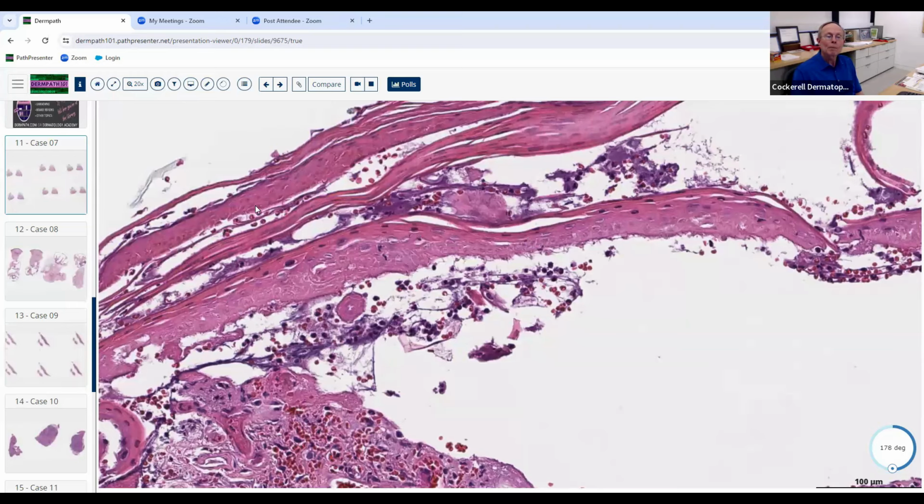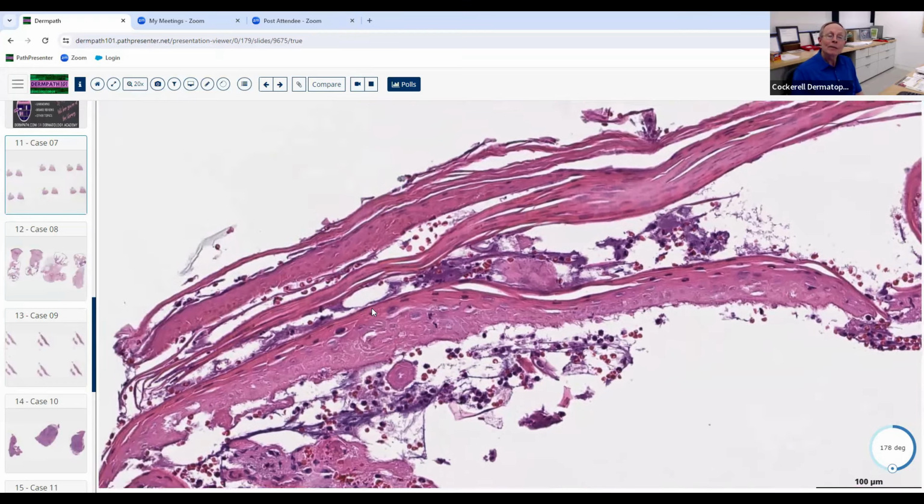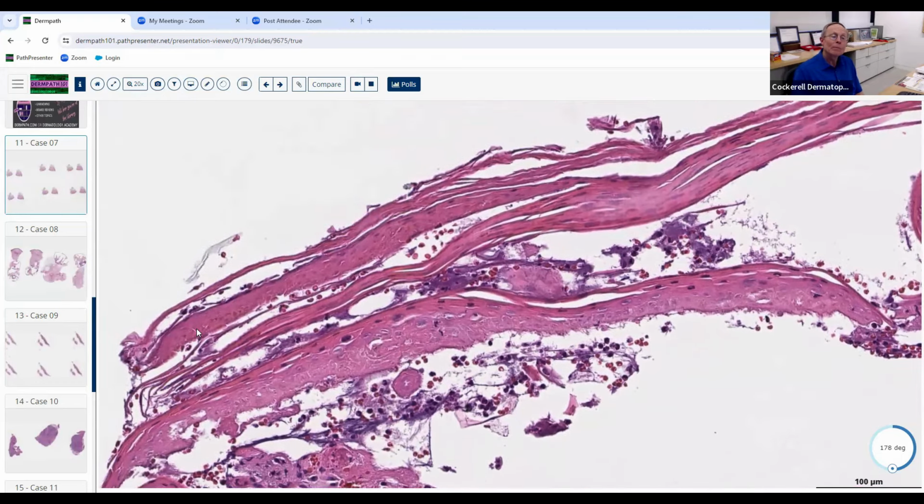And then you've got some overlying parakeratosis. This may be an eschar. If you look carefully, this looks like a dead epidermis here, and then you've got some parakeratosis, and you've got another dead epidermis. So this could have been a situation where the epidermis was killed, reepithelialized, and then got killed again.